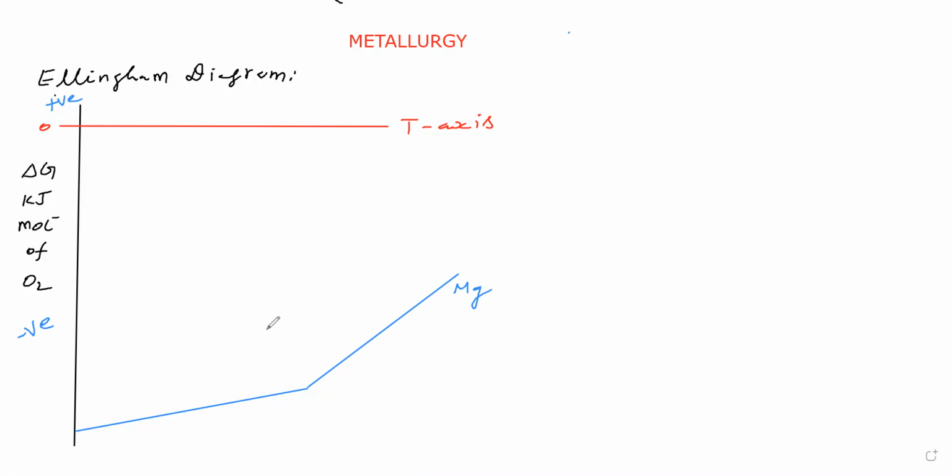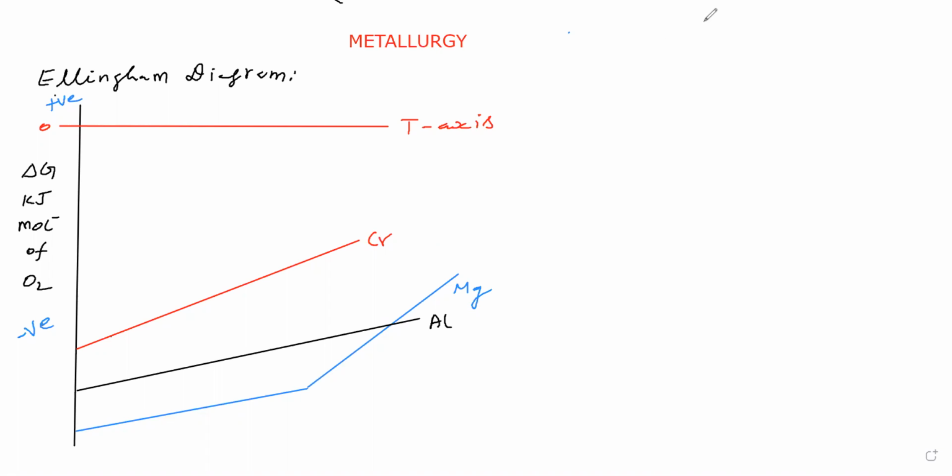Next we will see the aluminum graph. This is the aluminum graph. Next we will see the chromium graph. This is the chromium graph.